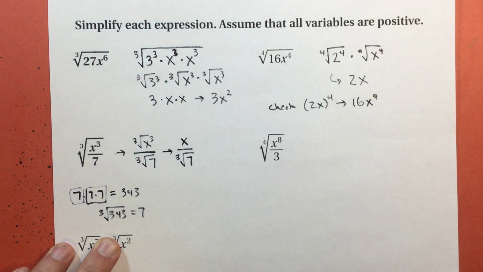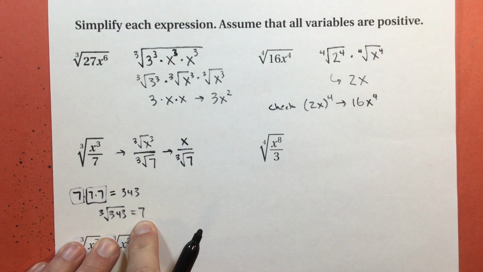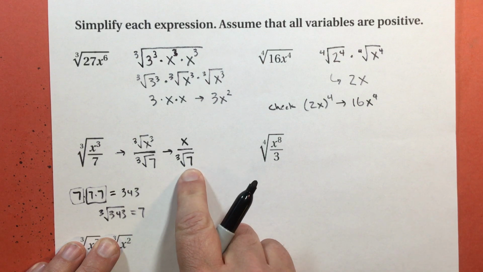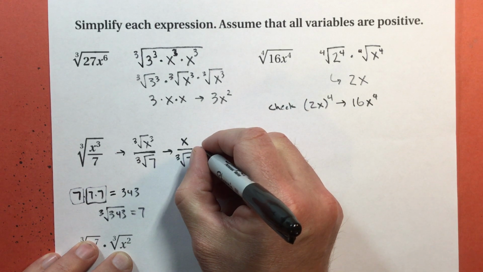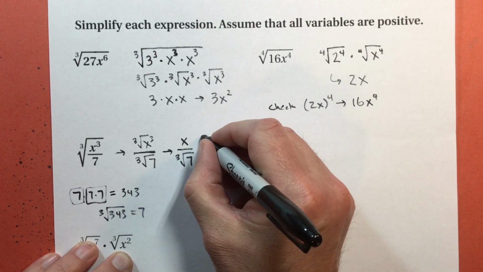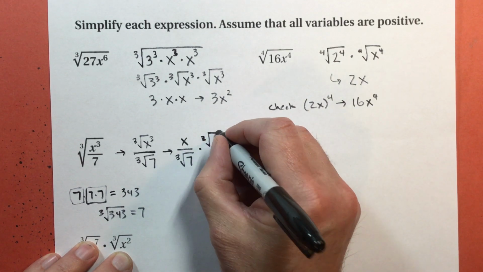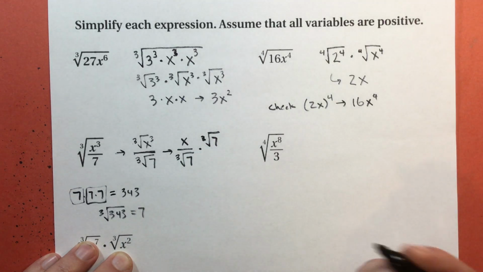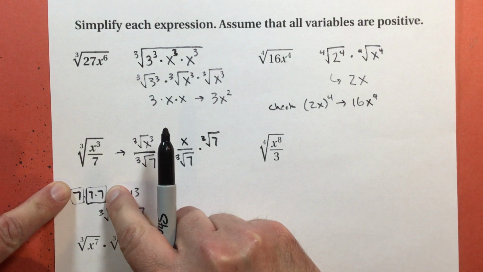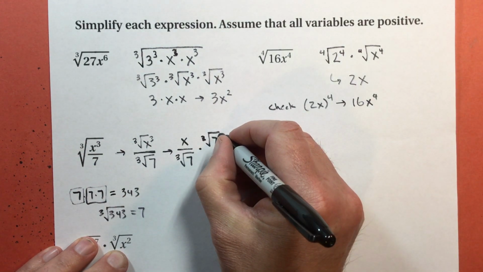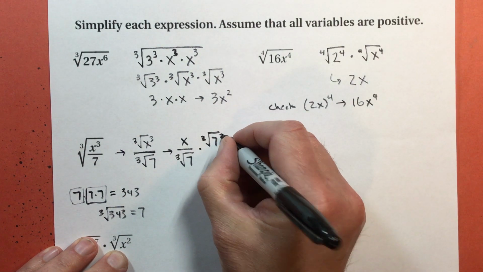So I can get a rational number here in the denominator if I multiply by something. This is called rationalizing the denominator. And what I have to do, I'm going to write the cube root of 7, except this time it's not just, now that's just 2 of them, but I need all 3 of them. So I'm going to have that cube root of 7 squared.